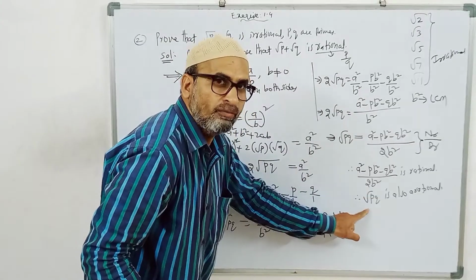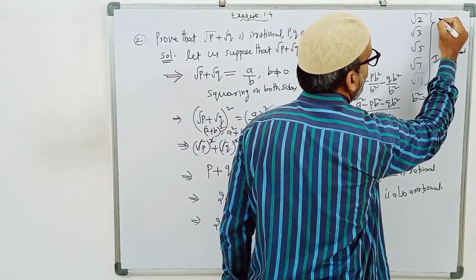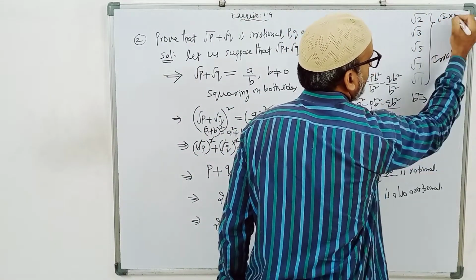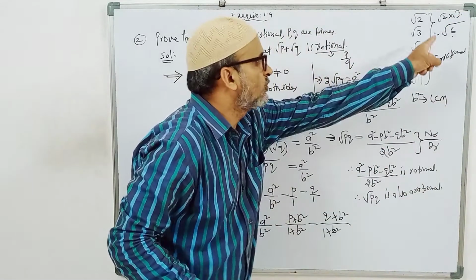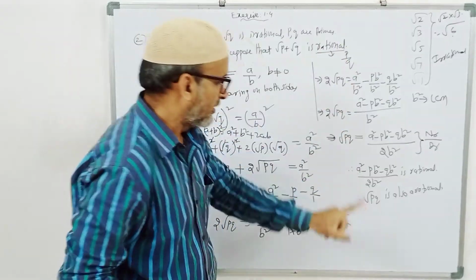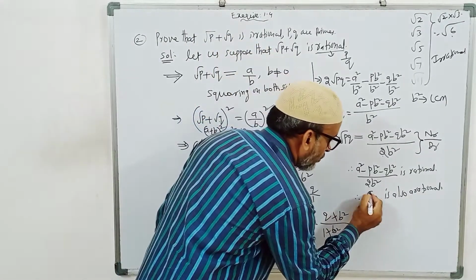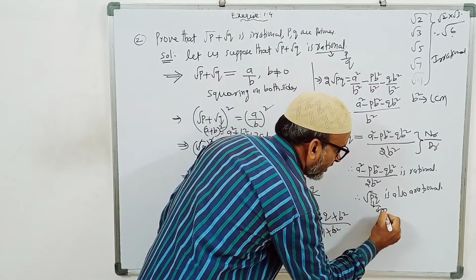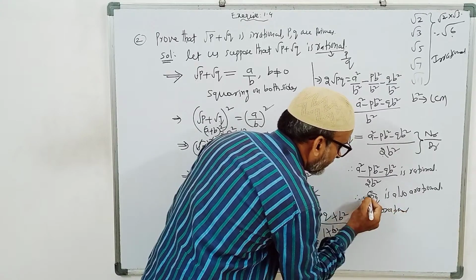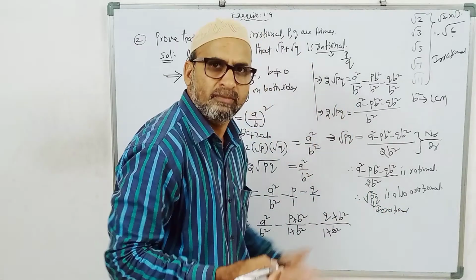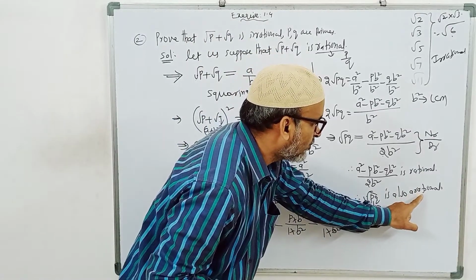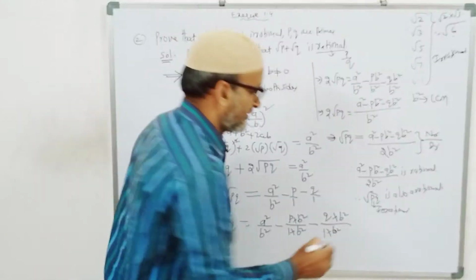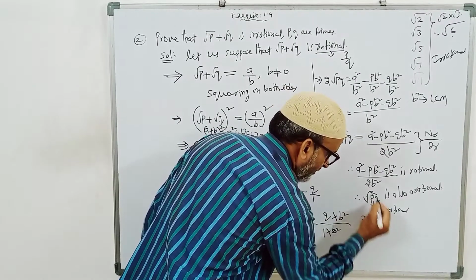This we know: suppose root 2 into root 3, root of 2 times 3 is root 6, which is also irrational. Root of a prime into a prime is irrational, but here what you got is rational.